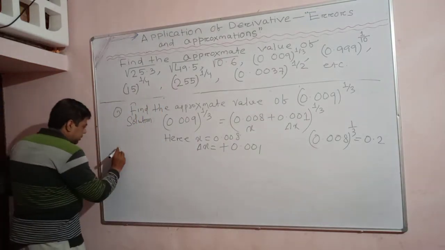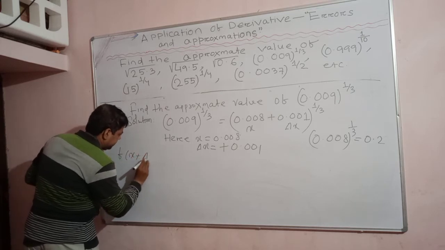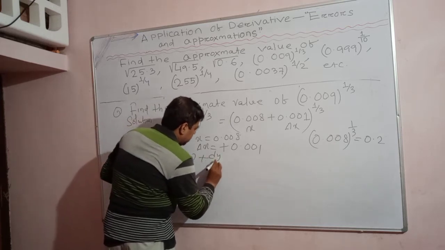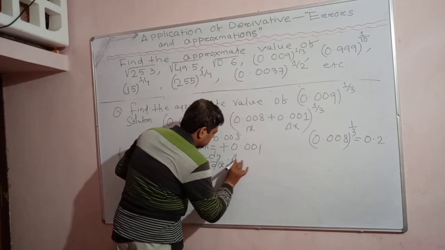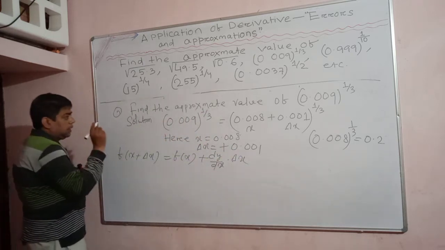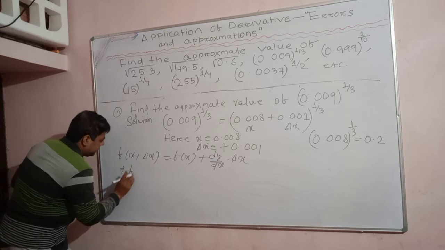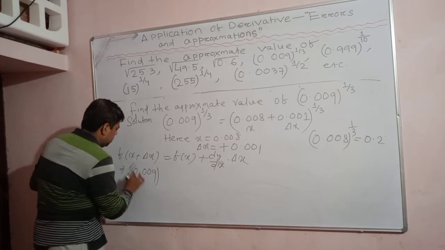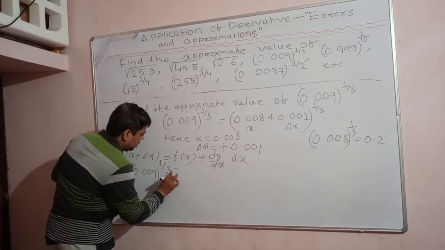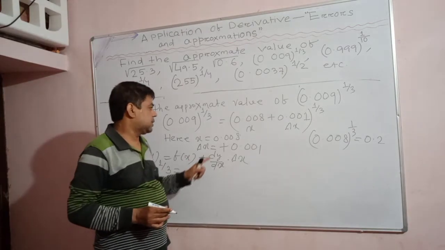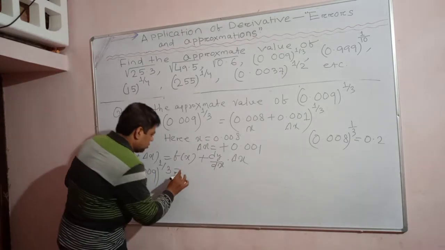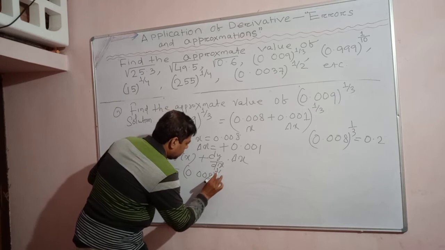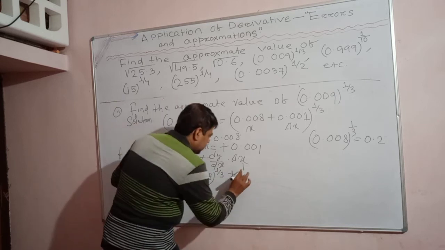Now let us write down the formula: f of x plus del x is equal to f of x plus dy by dx into del x. So f of x plus del x will be 0.009 whole to the power 1 by 3. We have taken x is equal to 0.008, so f of x is 0.008 whole to the power 1 by 3, plus dy by dx.